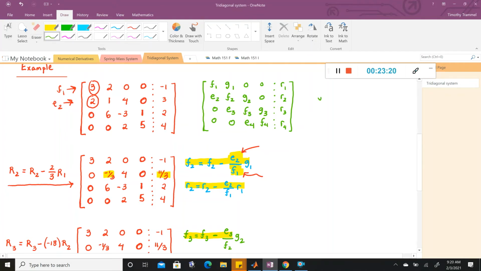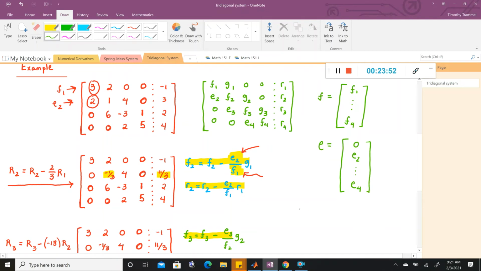We'll let F of course contain everything from F1 to F4, and say E, we'll make it look like 0, and then E2 up to E4.